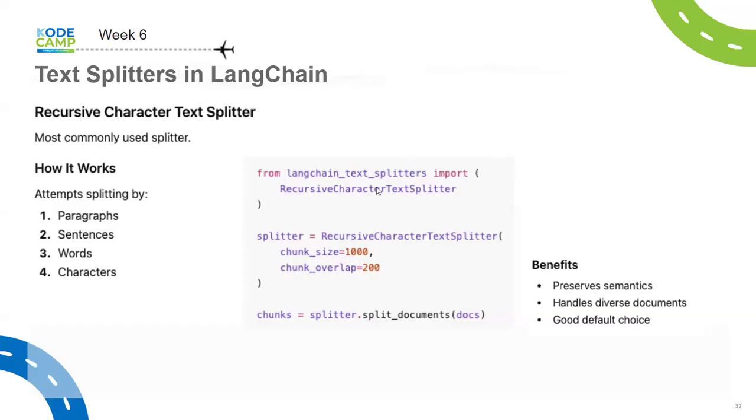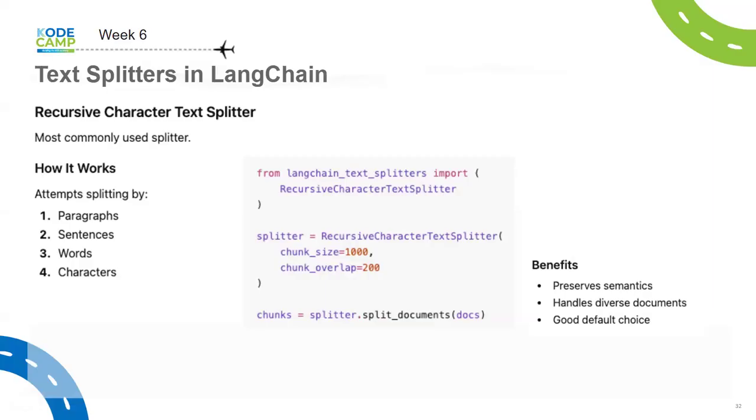So you have the recursive character text splitter, the character text splitter, and the token based splitter, so we'll see all of that. But the recursive character text splitter is the one that is used most often.